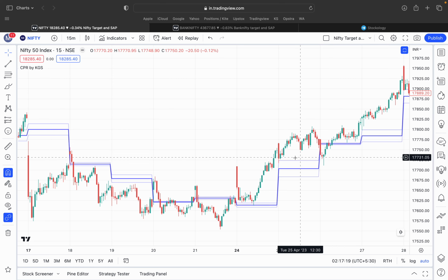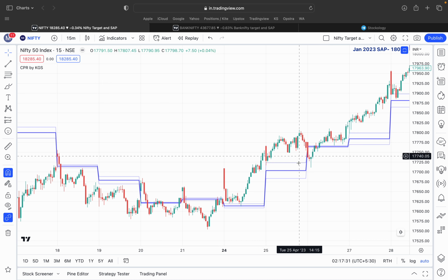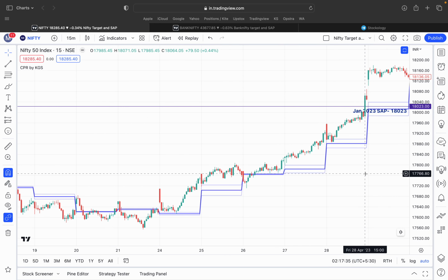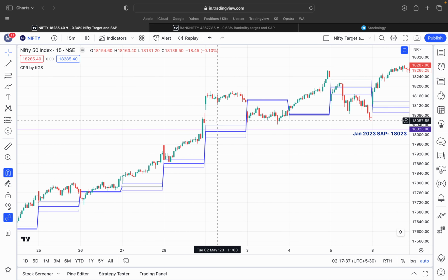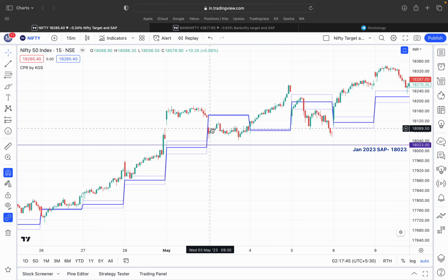Now, what do you mean by a wide CPR? A wide CPR generally indicates a sideways action. So if you see there is a wide CPR formation, you can expect that the market may remain sideways for the day. Okay, so here it is sideways, or here this is a wider CPR. So price opened over here, but it remained sideways throughout the day. Okay, here it is narrow, but there is no great momentum.